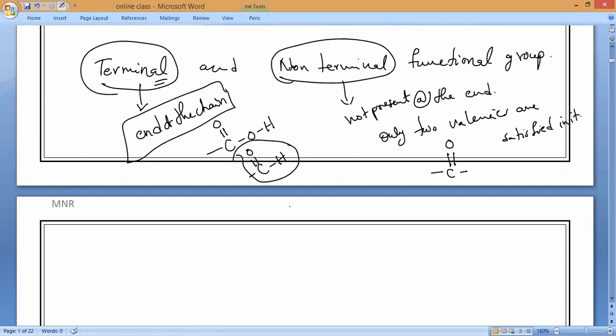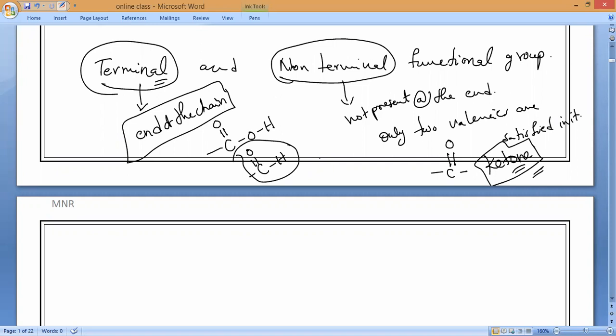All of you should remember, ketone will never come at the end. We will draw the structures also so that you will understand. Ketone is the non-terminal functional group, where the functional group cannot occur at the last carbon.